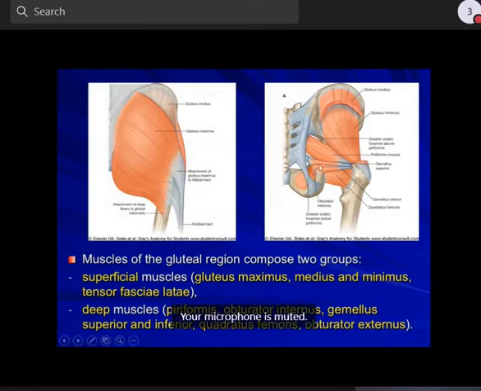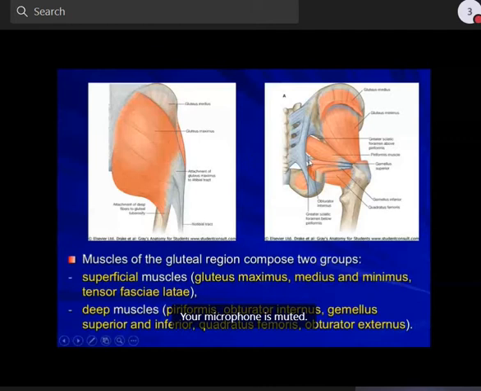So it resembles a capital letter L with its horizontal part on the lateral pelvic wall and its vertical part that passes transversely to the trochanteric fossa.